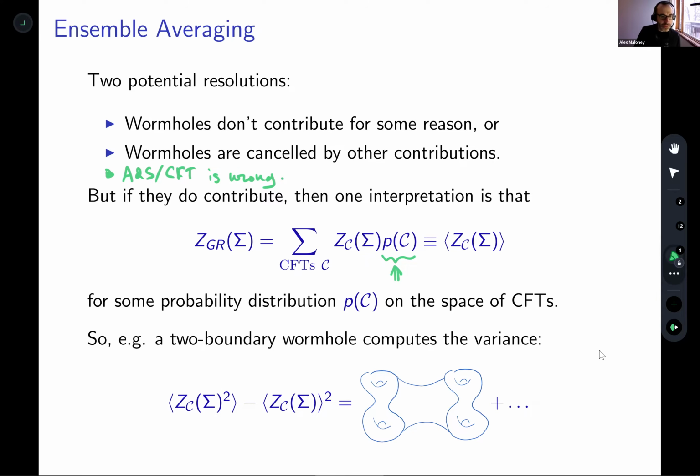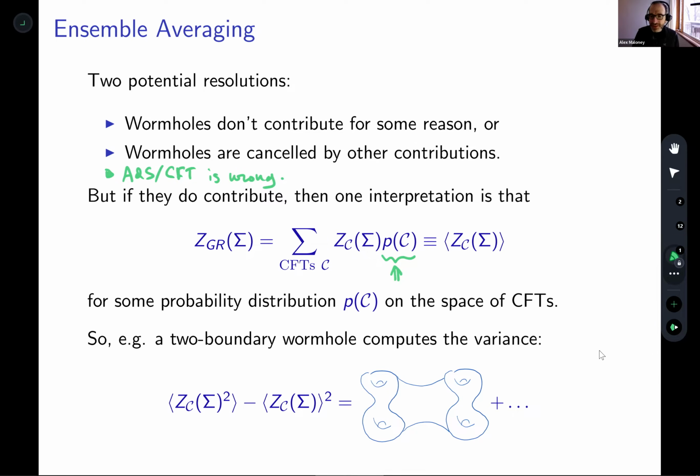So with this interpretation, we now have an interpretation for this two-boundary wormhole, for example, which is that it's computing something like the variance of a CFT partition function computed with this particular probability distribution.